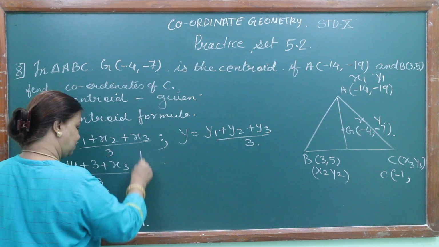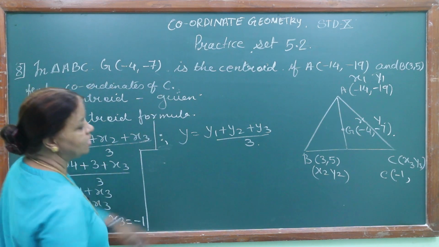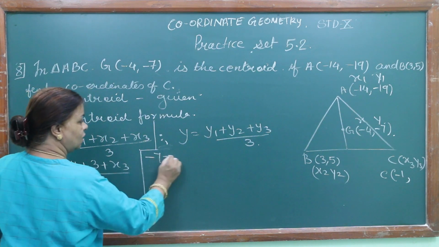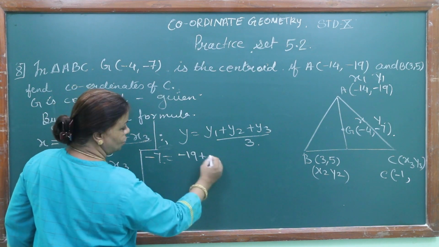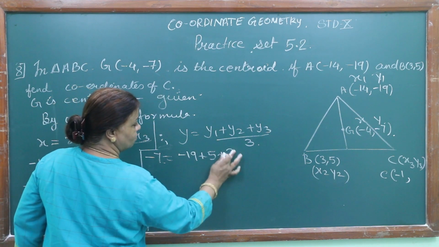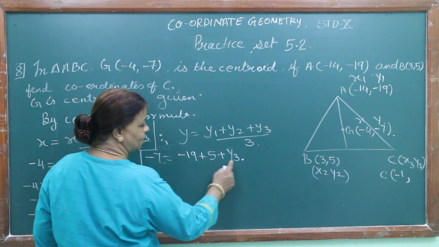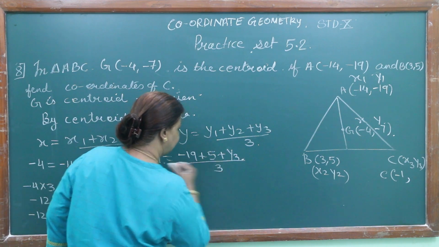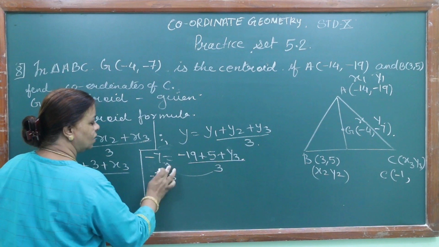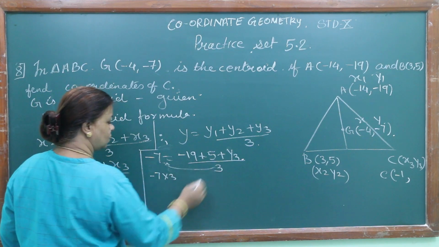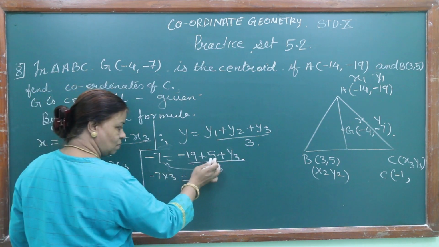Y is given -7 equal to y1, y1 is -19 plus y2 is 5 and plus y3. -7 equal to -19 plus 5 plus y3 upon 3, children. 3 will go with -7. -7 into 3 is equal to -19 plus 5. 1 is minus, 1 is plus, so minus.